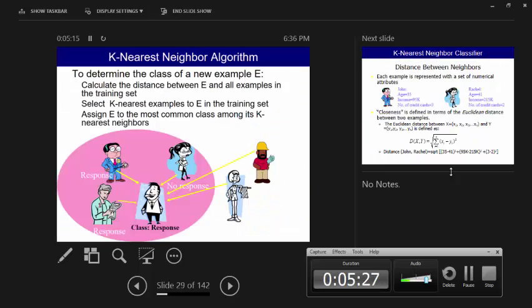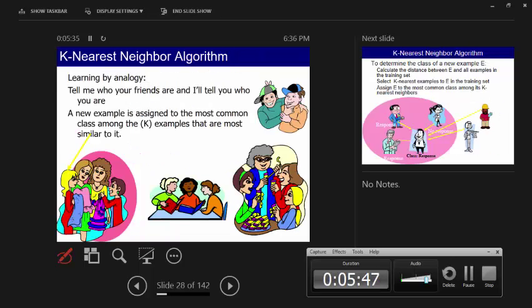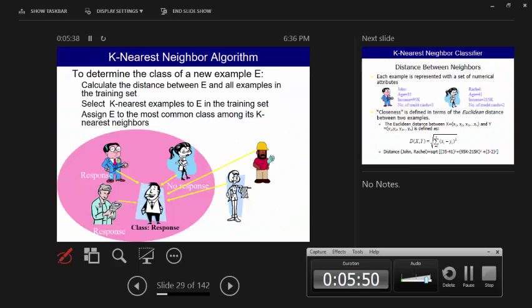To determine the class of a new example E, we first need to calculate the distance between E and all examples in the training sets. For example, this is me. I'm here. So I want to recruit my group members.